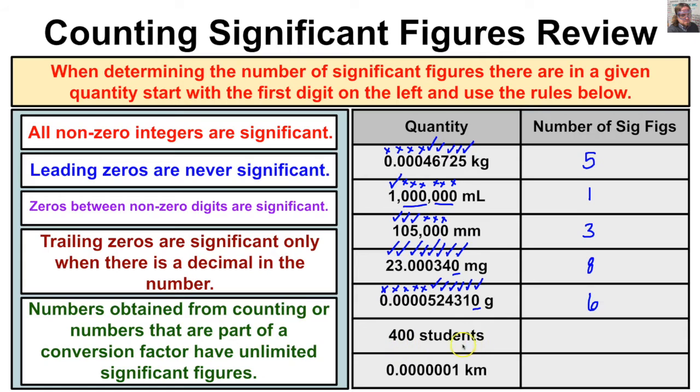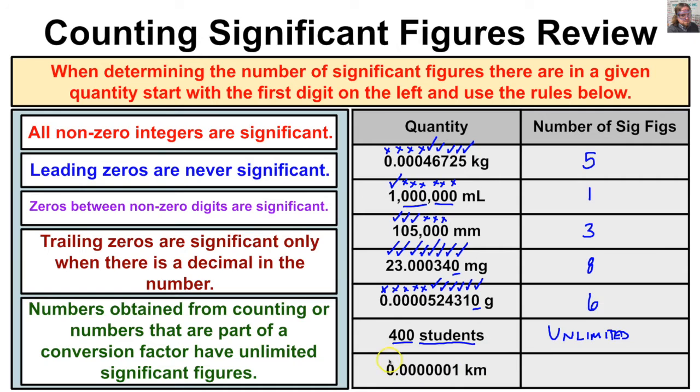If we take a look at 400 students, this number was obtained by counting, and the rules say that numbers obtained from counting, or numbers that are part of a conversion factor, have unlimited sig figs. So this would be said to have an unlimited number of significant figures. Let's take a look at this one.